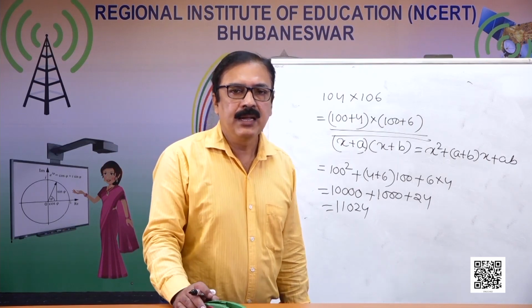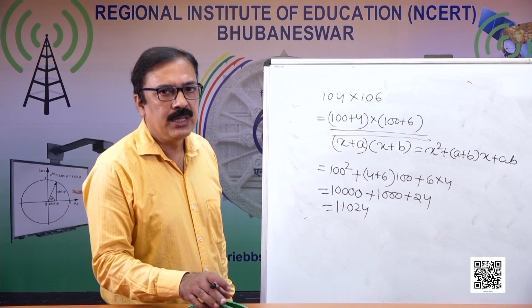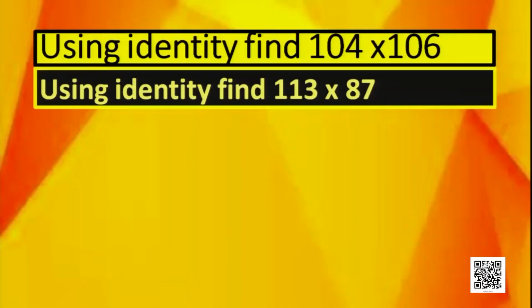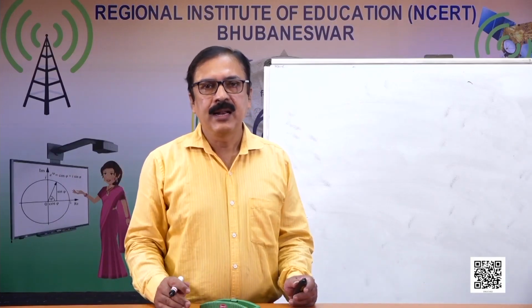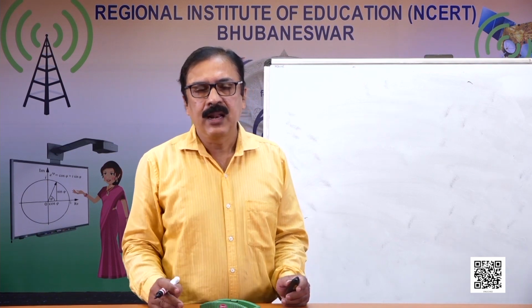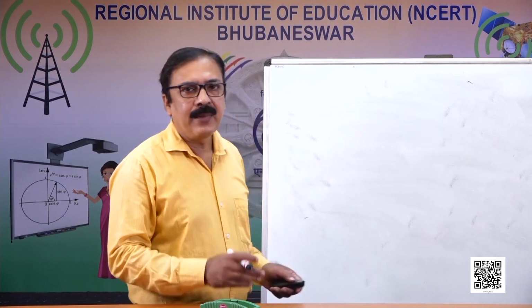Using identity, find 113 into 87. So what type of identity is to be used here? Just look at it. Here 113 plus 87 is 200 and half of it is 100. 113 exceeds 100 by 13 and 87 lags behind 100 by 13.